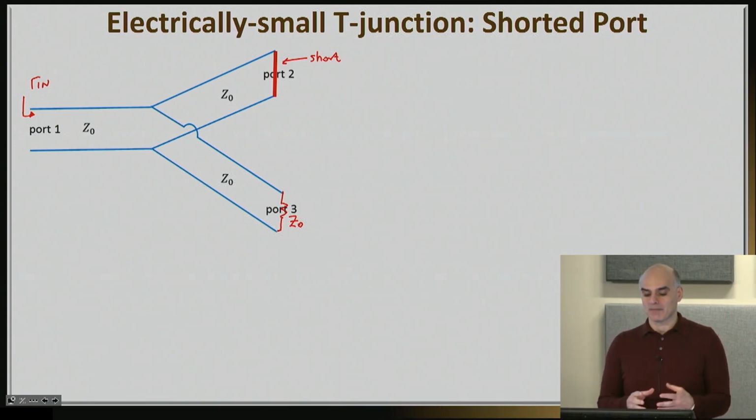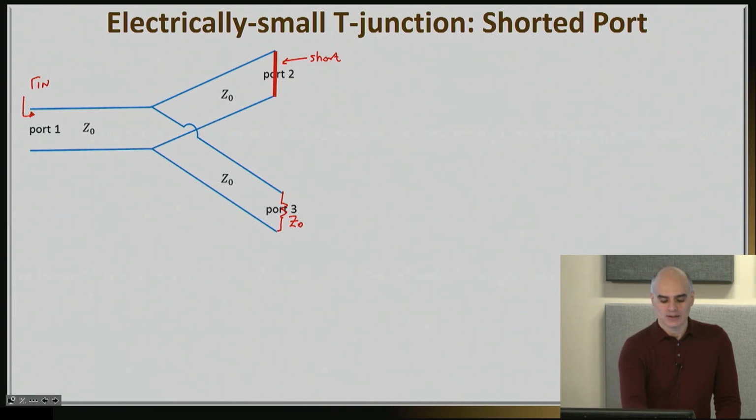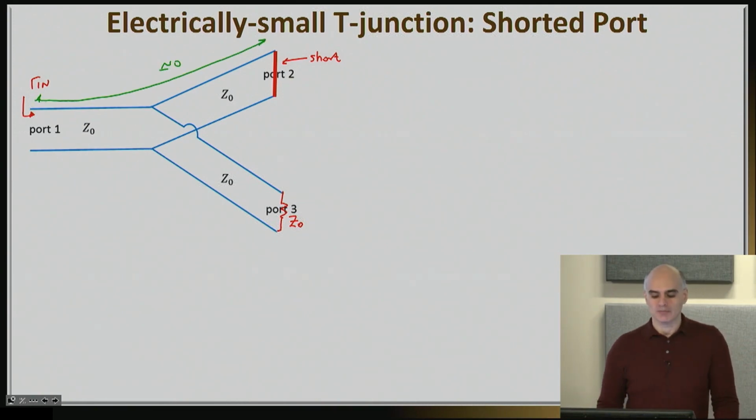Now, this is a very simple network, and you can very quickly find out what the answer is. Clearly, I have a short in port 2. Clearly, this electrical length is practically 0, so that means it is essentially as having shorted port 1. So the reflection coefficient from port 1, gamma in, must be equal to -1.